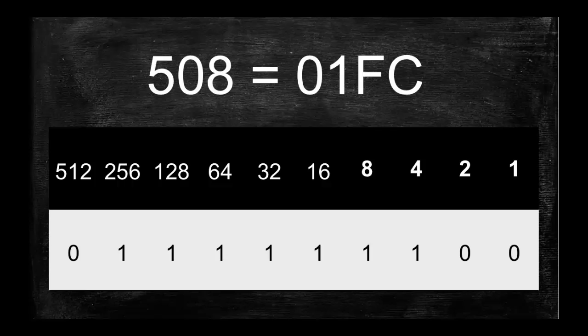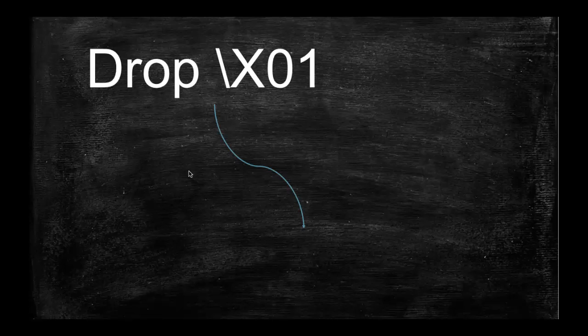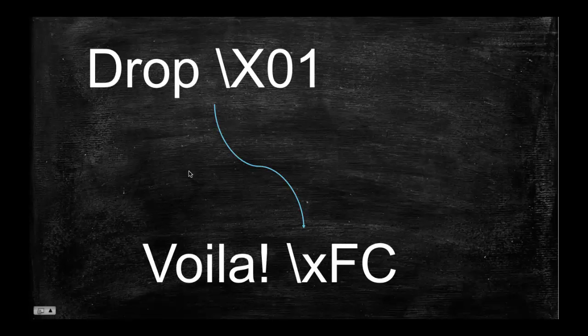So 508 decimal equals 01FC. It's a 16-bit value, and now we need to convert that down to 1 byte. Again, we just drop everything to the left of the 128 place, and we're left with our value of hex FC.